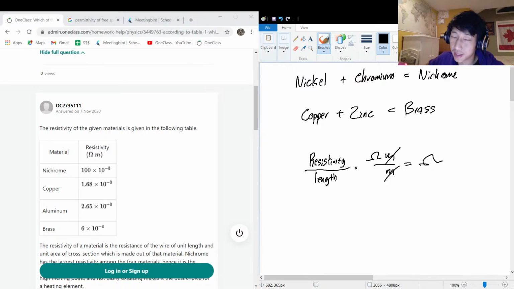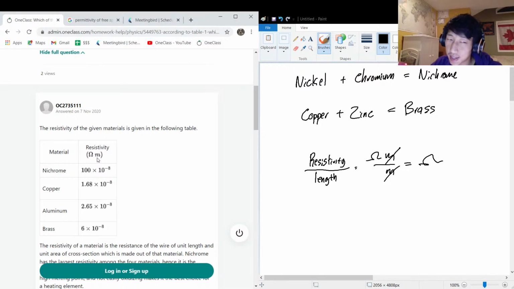But there are different ways of measuring resistivity depending on the thickness and stuff, but we don't really need to get into that. We pretty much just say whoever has the most ohm meters, the most resistivity, is the worst at conducting, because higher conductiveness means lower resistance, and resistance is measured in ohms.